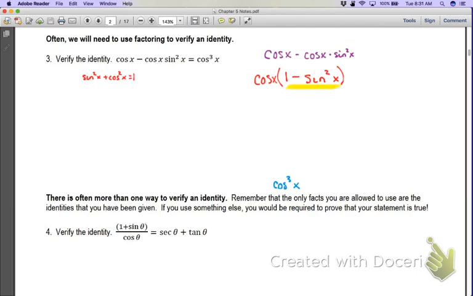How do I make what's in the red on the left side look like what's in the red on the right side? Just send that over to the other side, right? Isn't this the same thing as cosine squared x is equal to 1 minus sine squared x?